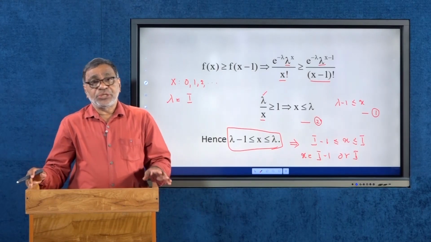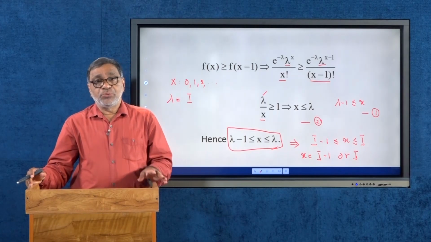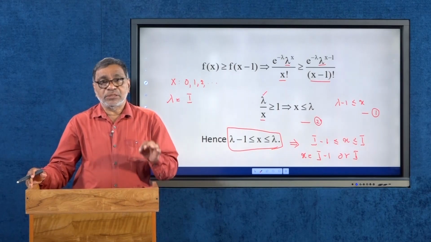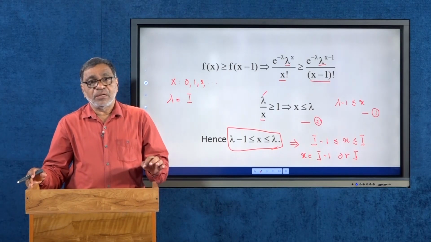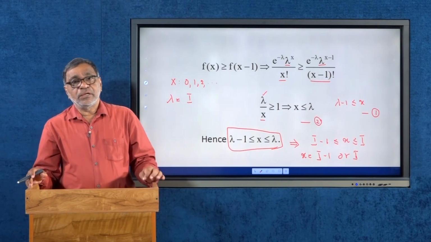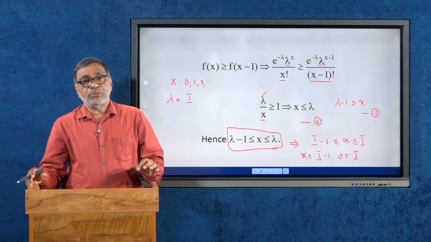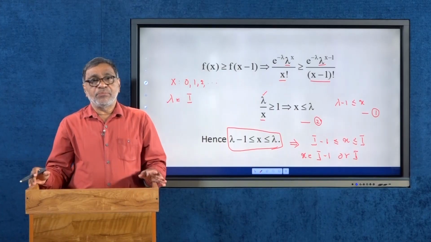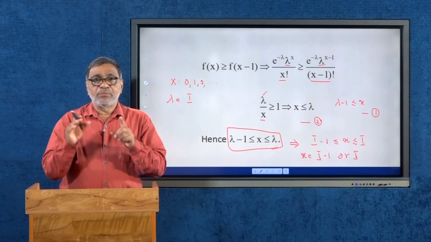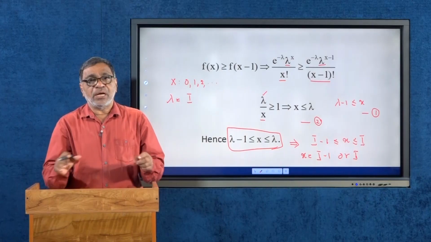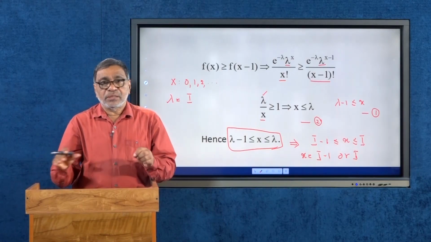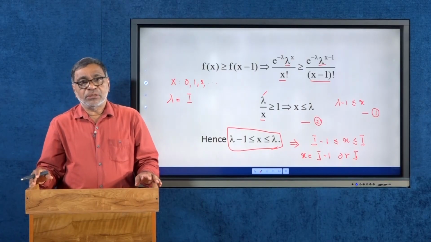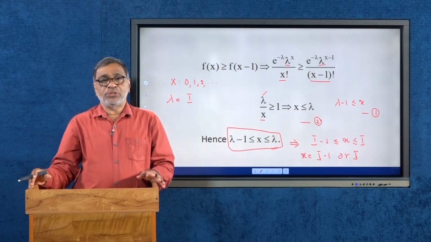So, in that situation, the Poisson distribution has two modes, at I minus 1 and I. That means the probability mass function is maximum at two values, I and I minus 1. That is, the Poisson distribution is a bimodal distribution. There are two modes for the distribution.